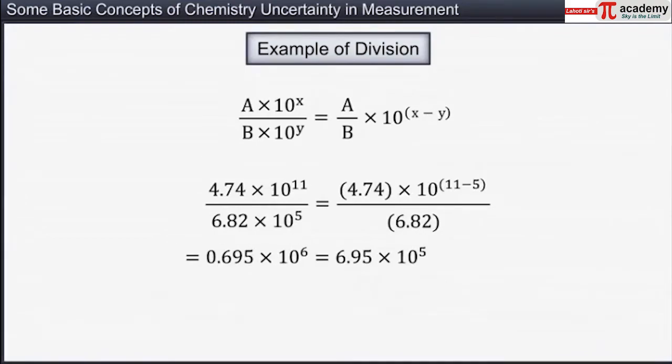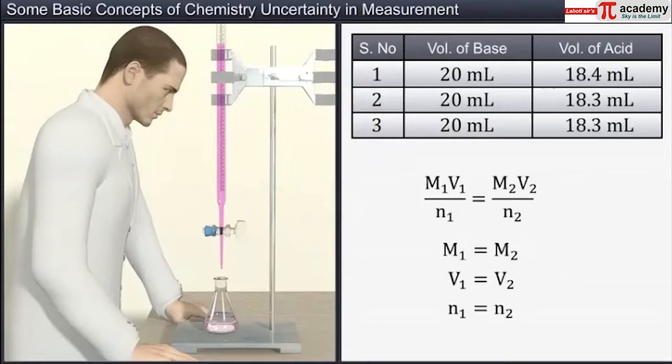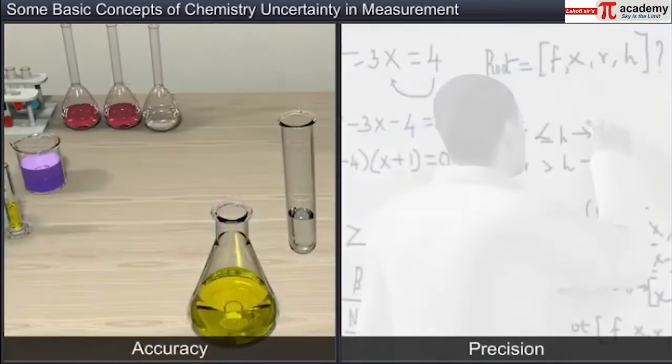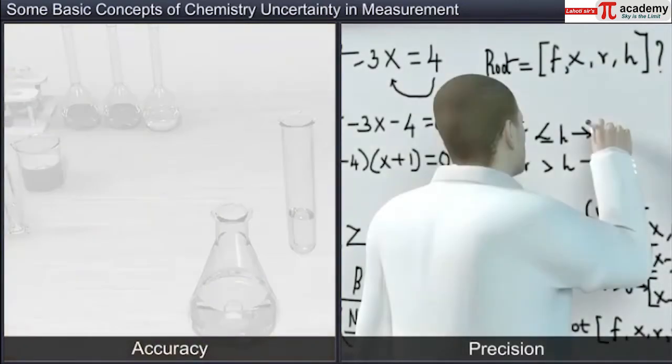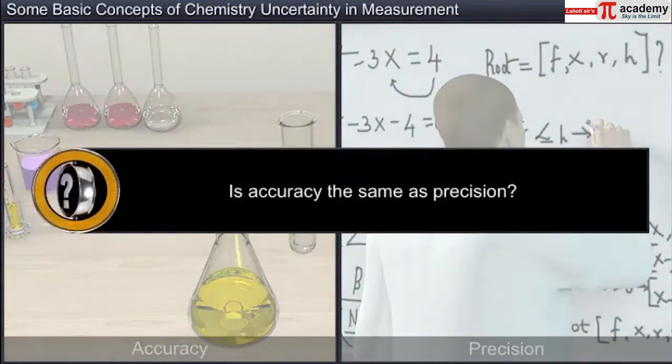When performing experiments, we often perform mathematical calculations on quantitative measurements to obtain accurate results. People often use the terms accuracy and precision interchangeably. But are accuracy and precision the same?